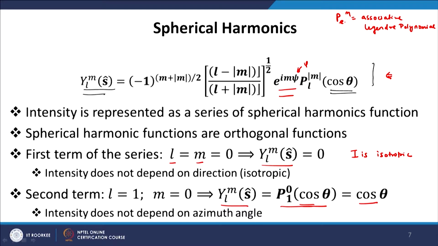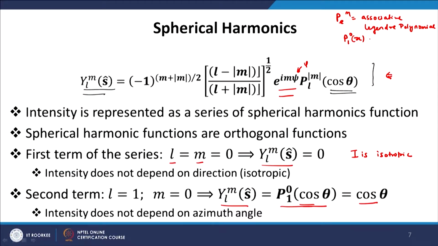For L equal to 1 and M equal to 0, and x as the argument, the Legendre polynomial is a function of the variable x, and the P_1^0 value is given simply by x. So, P_L^M with the argument cos theta is simply equal to cos theta.